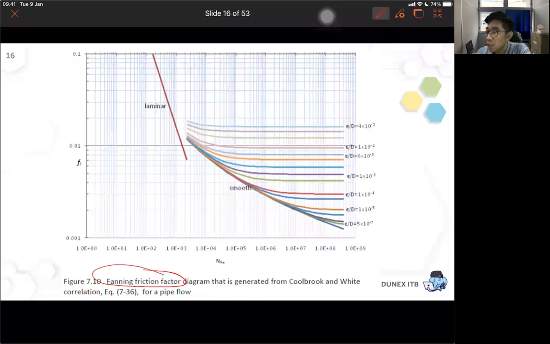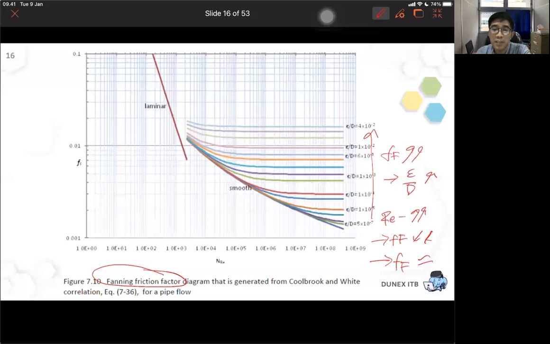From the graph, you can see that the friction factor for turbulent flow will be increasing. FF will increase if epsilon over D is increased. But if the Reynolds number is increasing, FF will be decreasing until a certain point when the friction factor is constant.